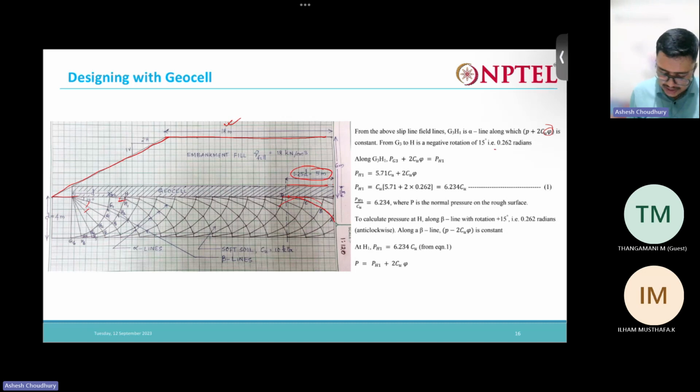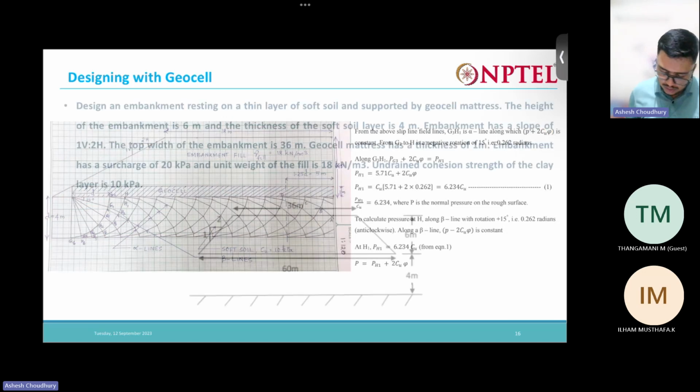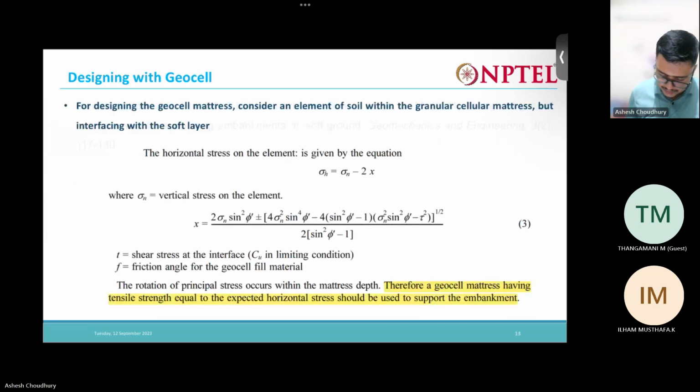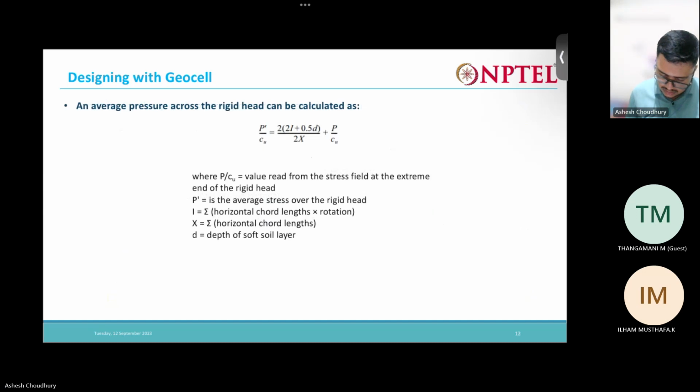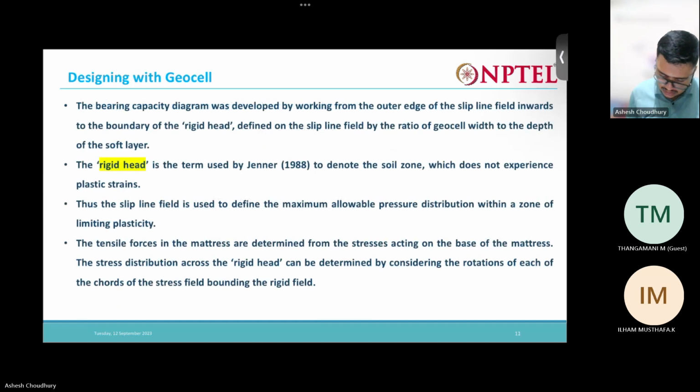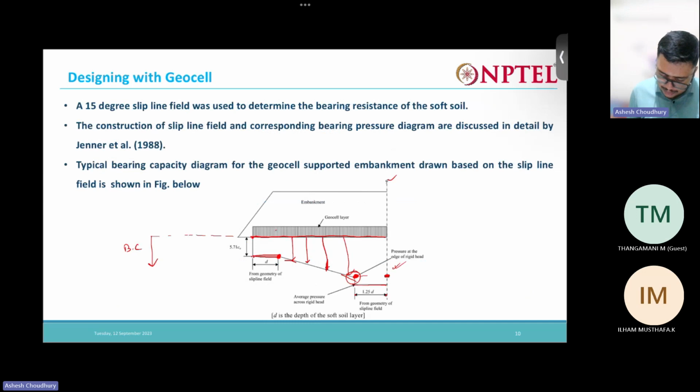So along G3H1, this alpha line, what is the pressure at H1? At G3, at distance D, up to D this is 5.71 Cu.